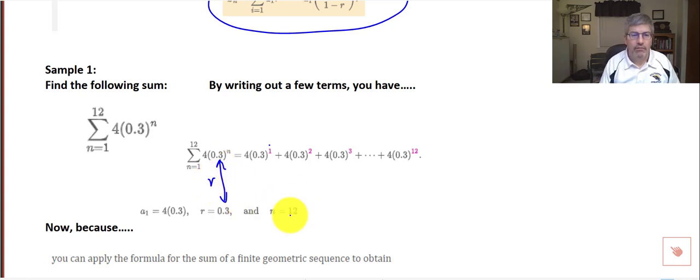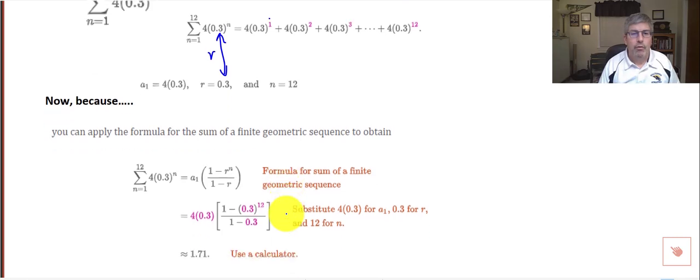And n is 12. Now we can simply apply the formula for the sum of a finite geometric sequence. Our formula is a sub 1 times the quantity 1 minus r to the n, all over 1 minus r. So our a sub 1 is 4 times 0.3, times the quantity 1 minus 0.3 to the 12th, that's our n, all over 1 minus 0.3.